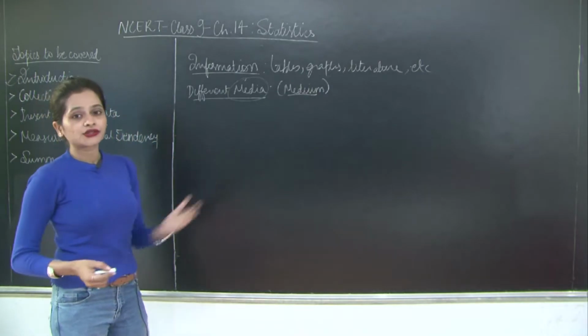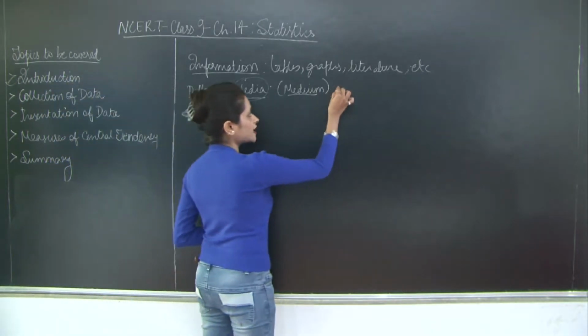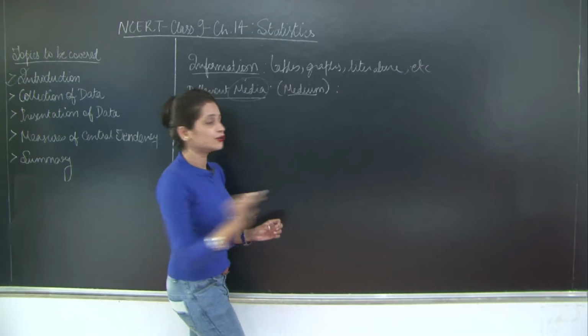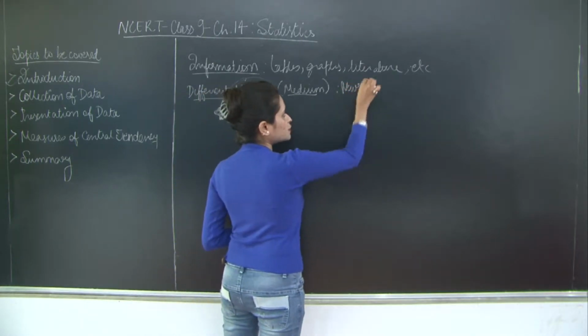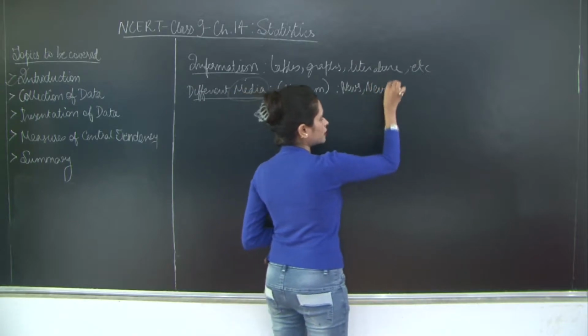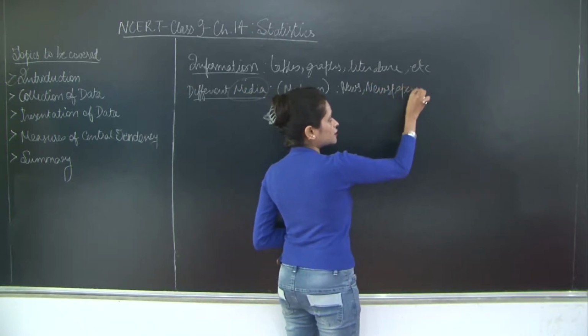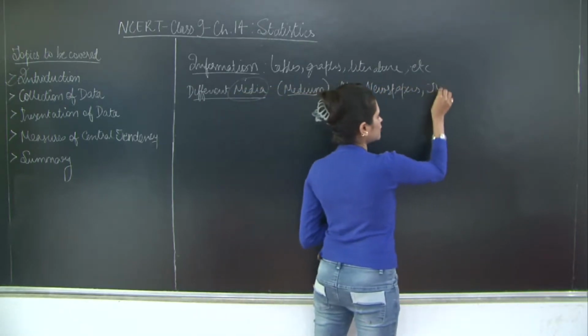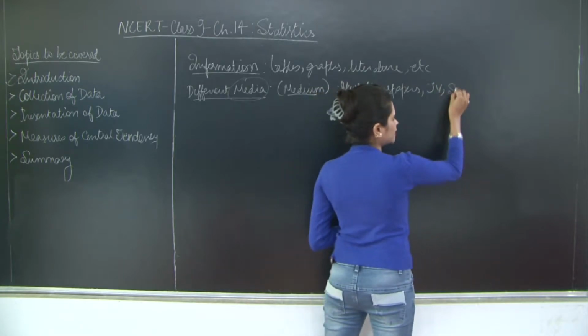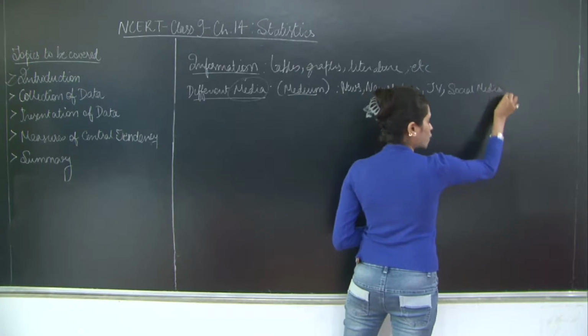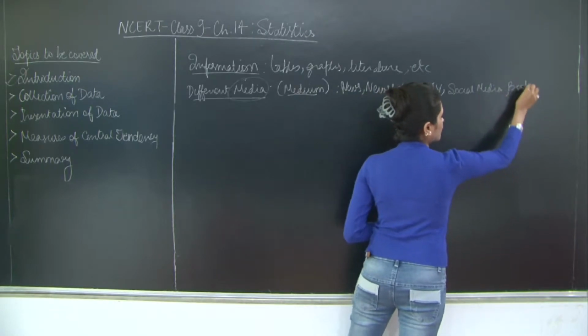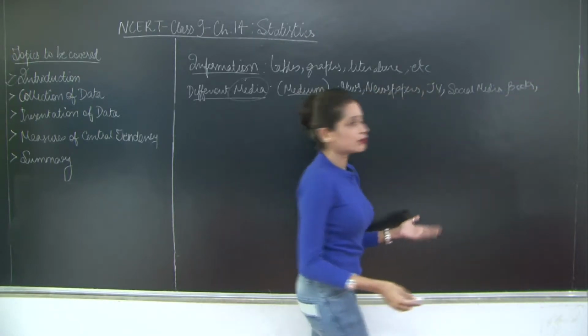So what could be the sources of information in our day-to-day life? We get a lot of information through news, through newspapers, television, then social media, books, YouTube, and so on.